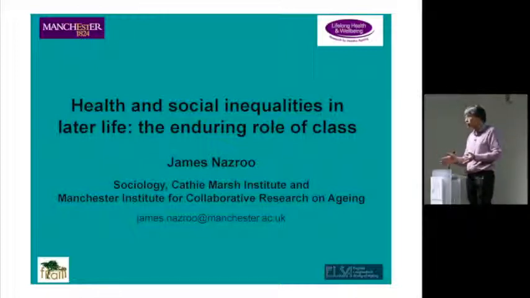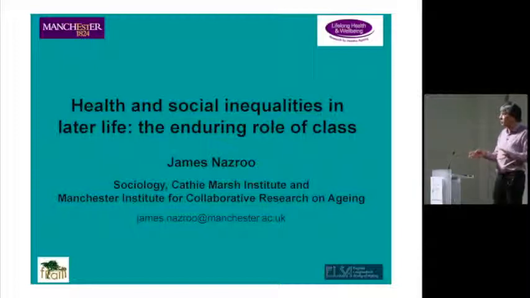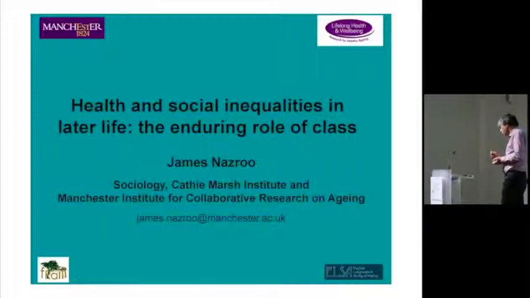You can also see it in the more general discussion, in that there is a sense that later life is too late. If we don't do stuff in childhood, it's too late. And I want to provide a counter-argument and talk a little bit about the things that happen to older people and how we can actually make a difference in later life. So part of it is that policy motivation.